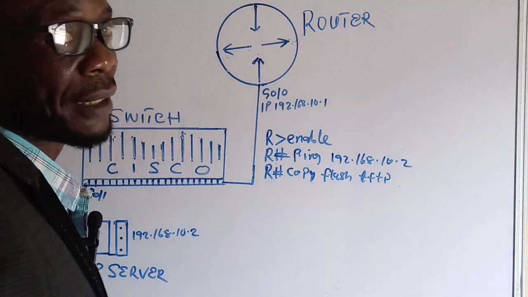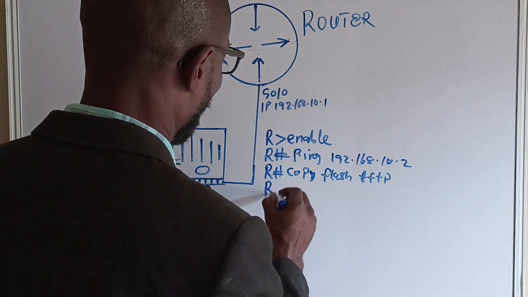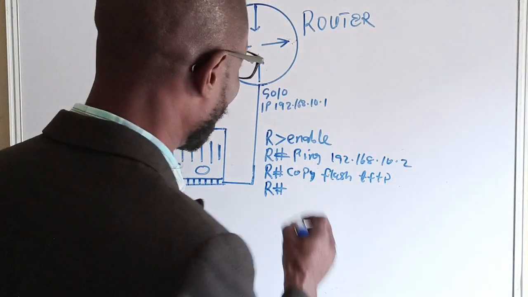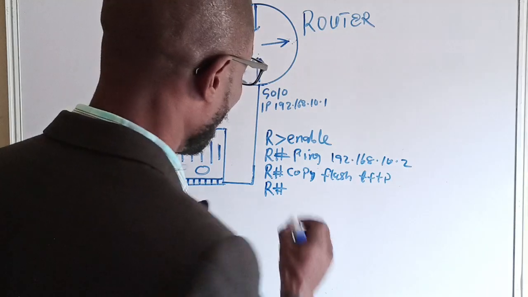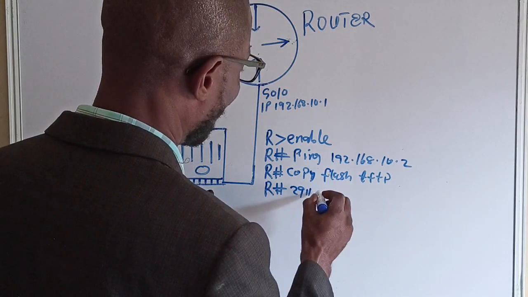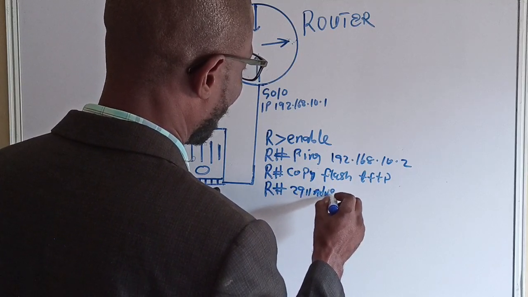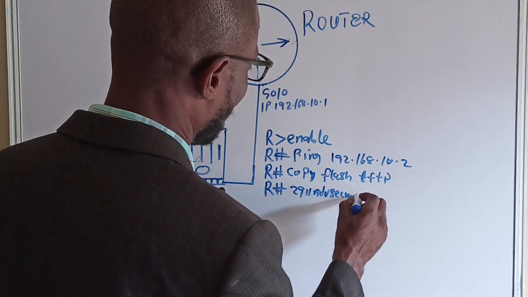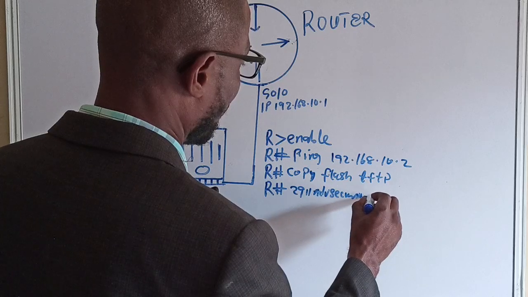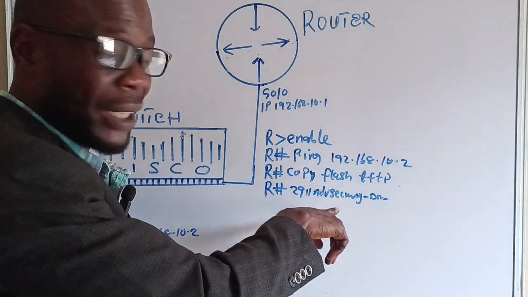You hit enter, and it's going to ask you for the file name. It shows you the file name. If it is a 2911 router, you see the 2911 router name, something like this, with security, and the IOS looks like this.